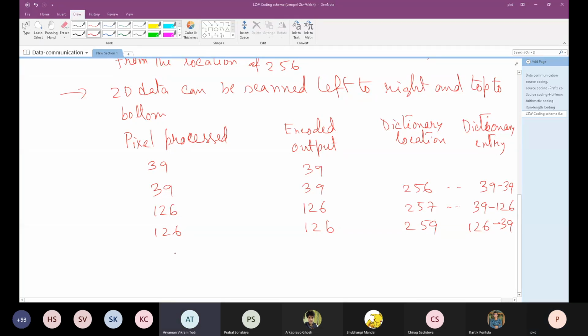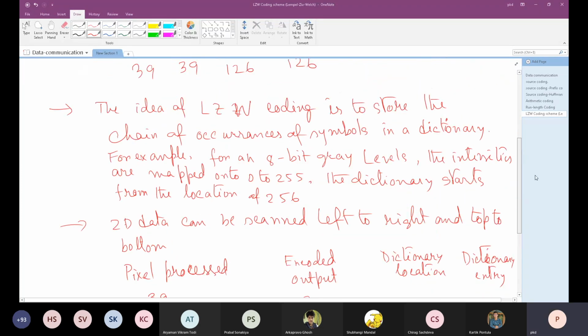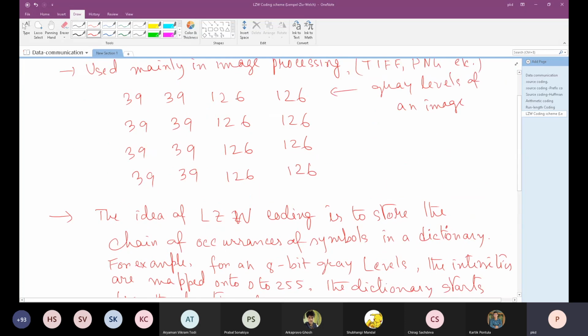So could you explain what is happening here, sir? Yes. So basically we are scanning pixel wise from left to right. Left to right, 39, 39, 126, 126.